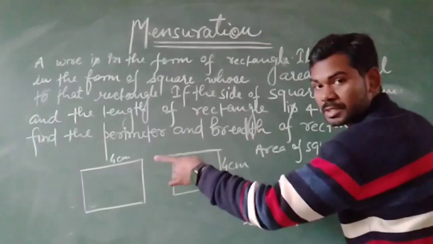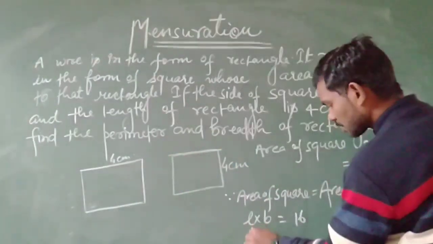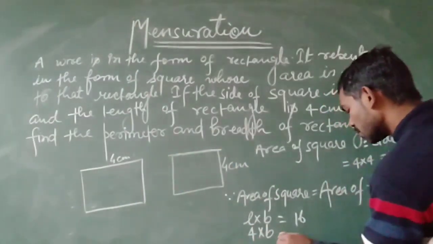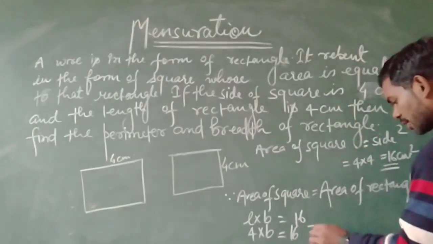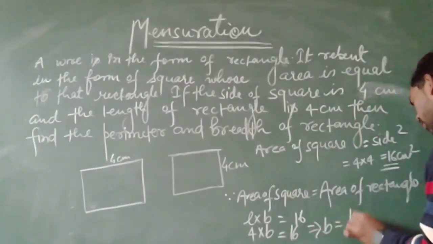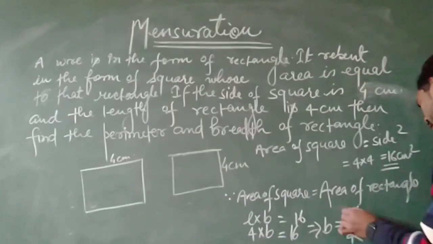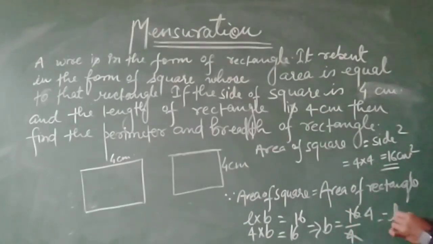Since the length is given as 4, we write 4 into B equals 16, or B equals 16 upon 4, and 4 fours are 16, so the breadth becomes 4.